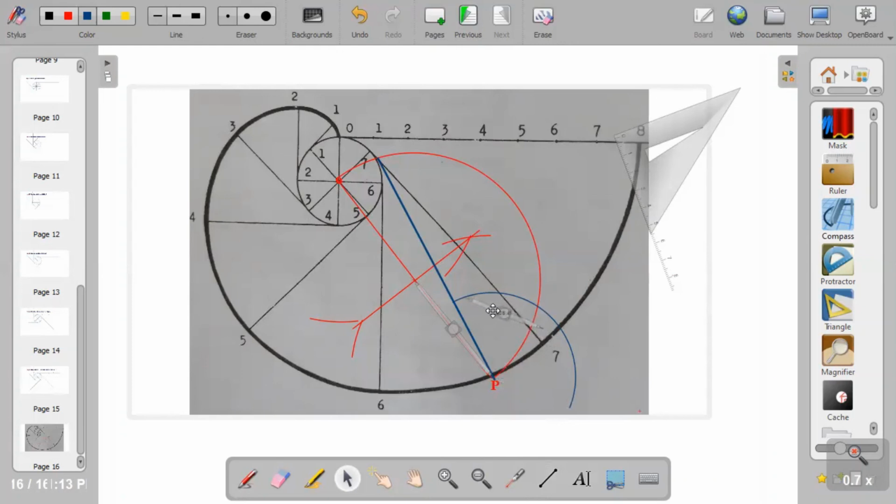From here, I'll construct angle 60 degrees. Don't forget, when you're constructing angle 60 degrees, you're using the same radius of the given arc. So you strike an arc this way. I'll also take it to this point to construct another 60 degrees.